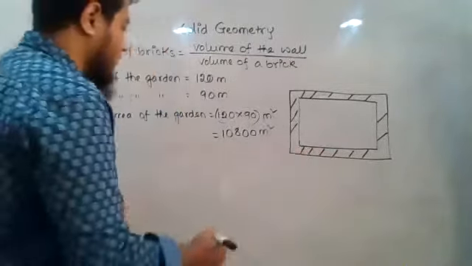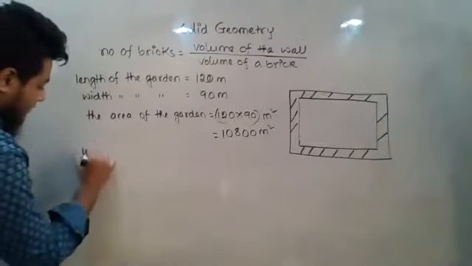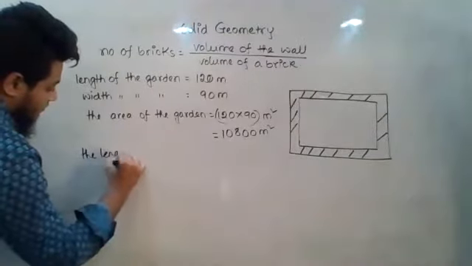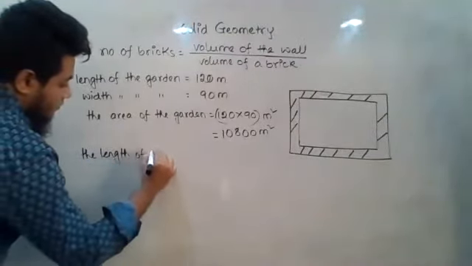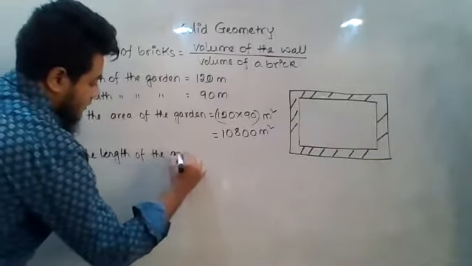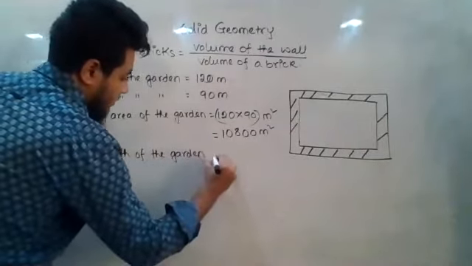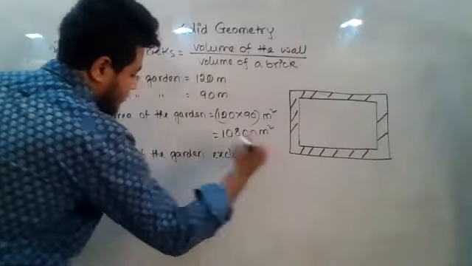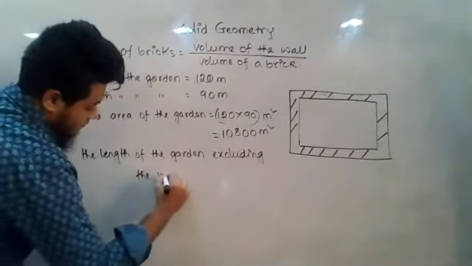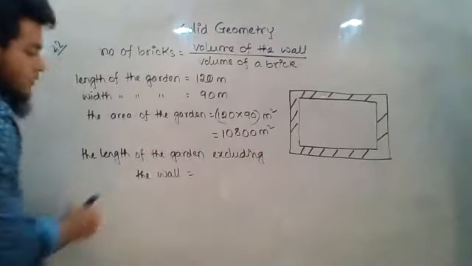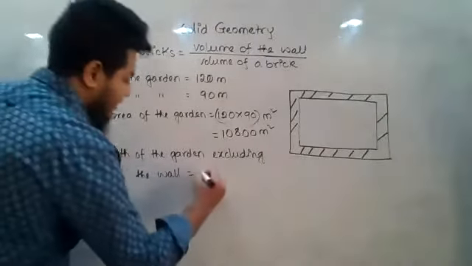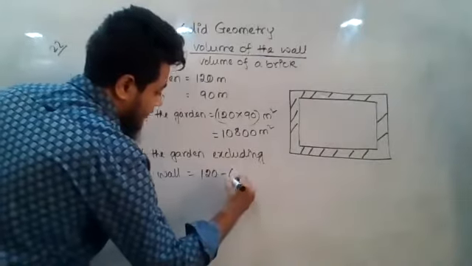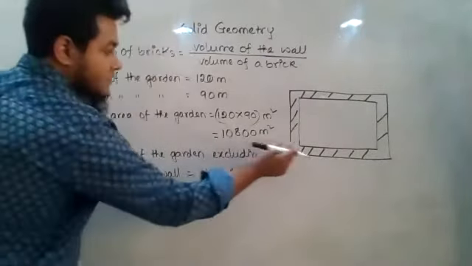So the length of the garden excluding the wall is 120 minus twice the thickness.